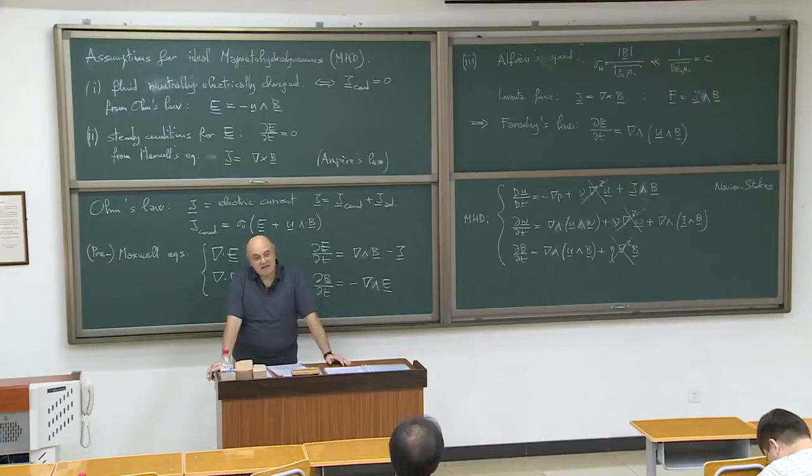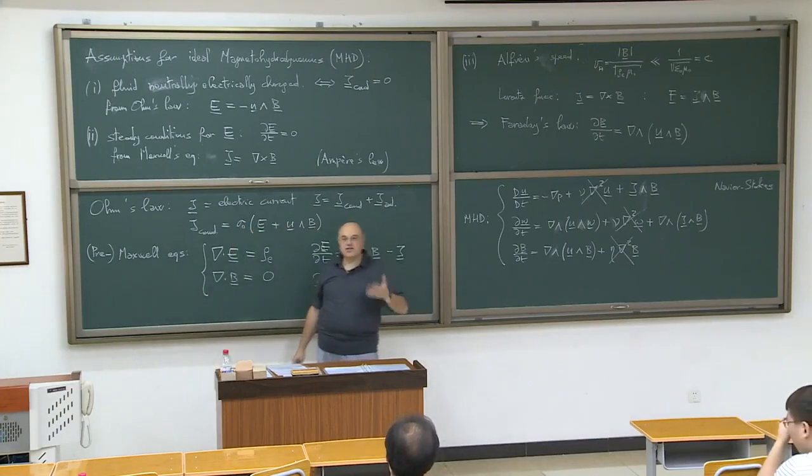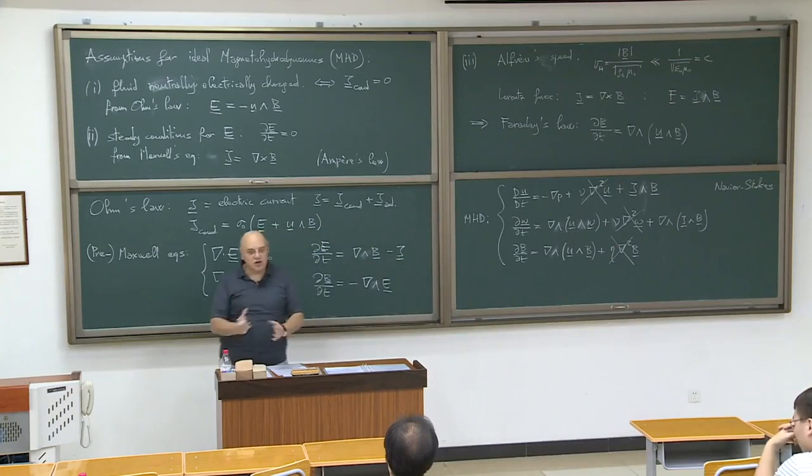I might just mention that there are various definitions of helicities that also include the dot product of these fields. So in MHD we have two sets of quantities: one set is the kinetic ones, the other the magnetic ones.